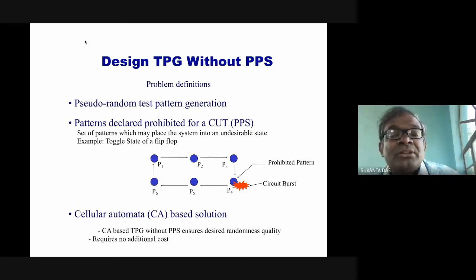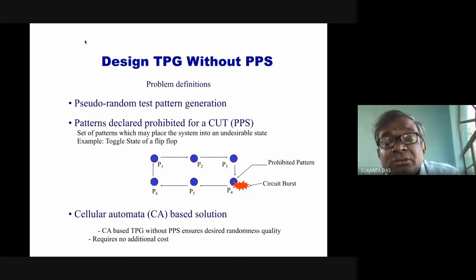Okay, so in the diagram, I have given this, say a cycle, you can see the diagram. Suppose P1, P2, P3, P4 are the configurations, the patterns supplied by the PRNG, the TPG. P1 is okay. P2 is okay, but when P4 comes, then the circuit may burst. So it's a prohibited pattern.